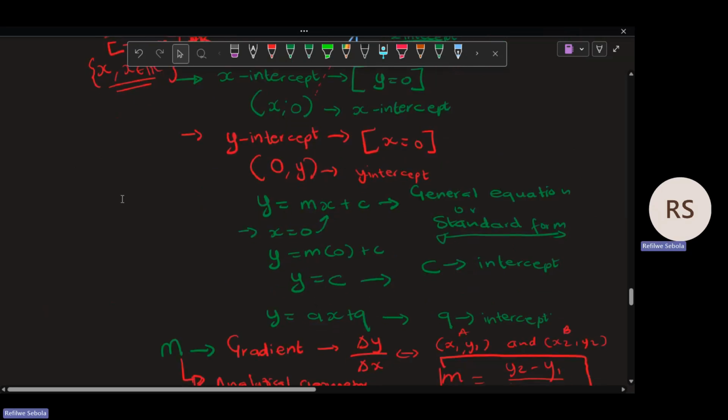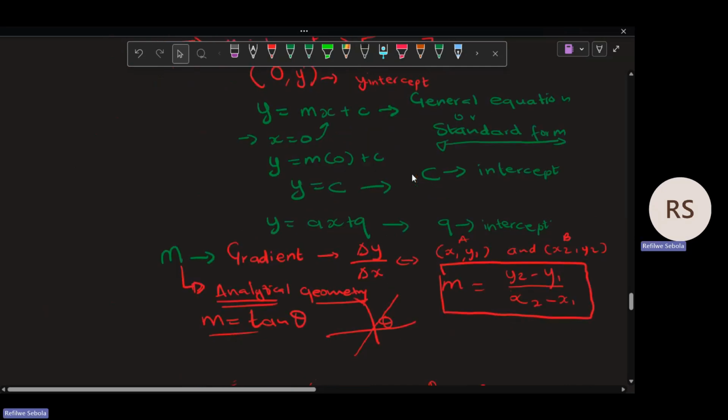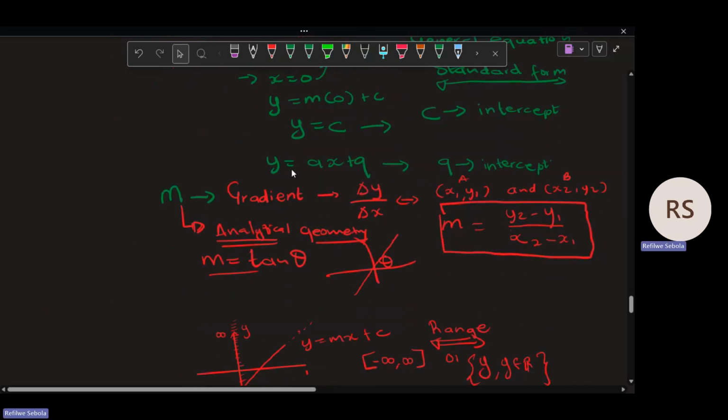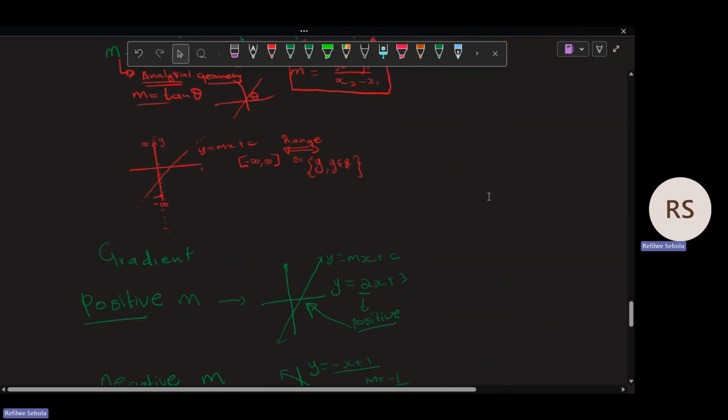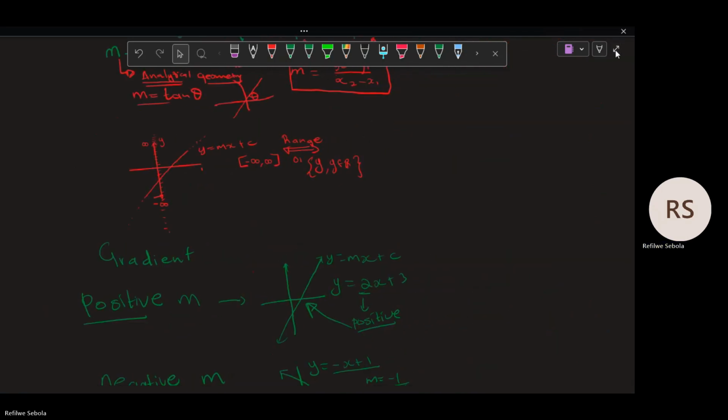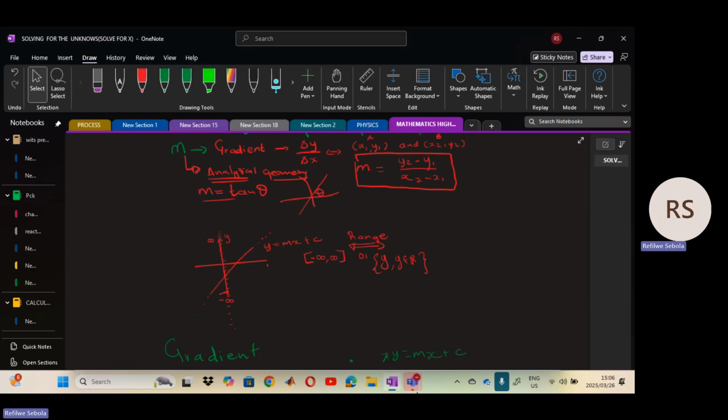We also have to take into account that the y-intercept is a point where x equals 0. And then we have discussed ways to get our gradient, and that is all that we had to know on this.